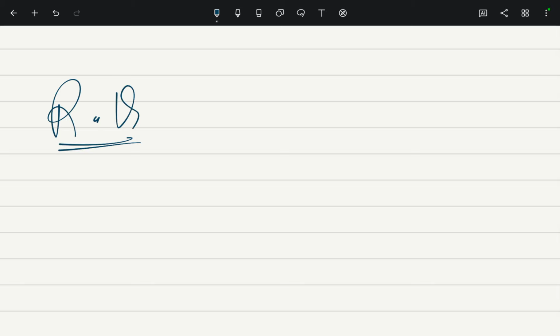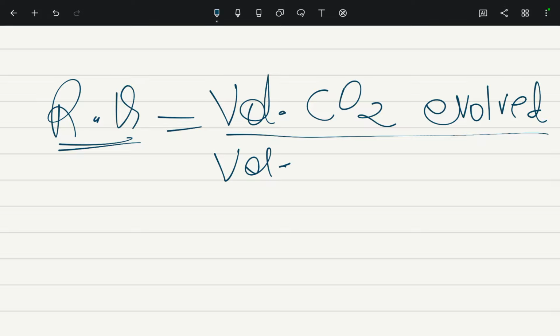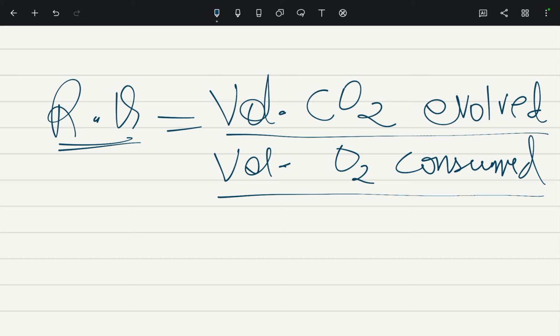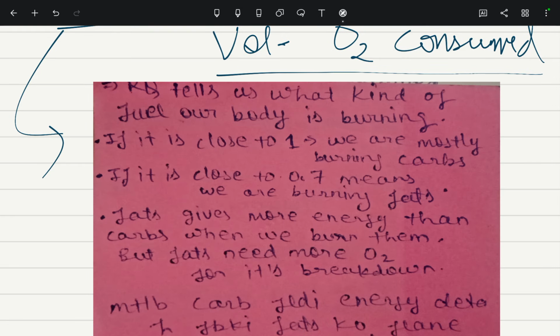So, respiratory quotient, simply its formula is the volume of CO2 evolved to the volume of O2 consumed.